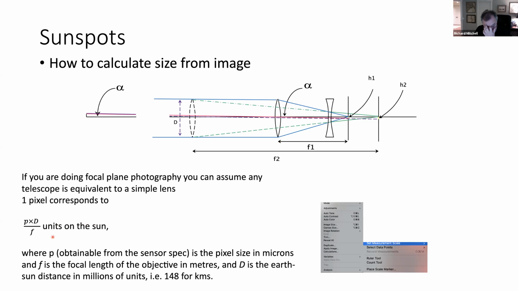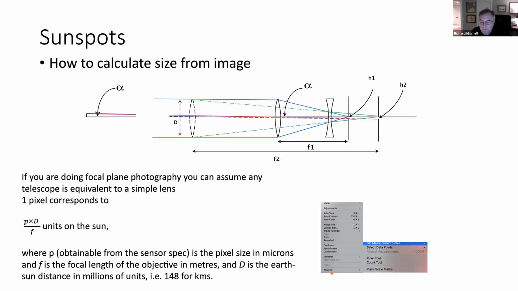If you take your pixel pitch and divide it by the focal length in meters, and you take d as the Earth-Sun distance in millions of units, so if it's kilometers, 148 million kilometers, if it's miles, 90 million miles, you get the distance in those units on the sun.